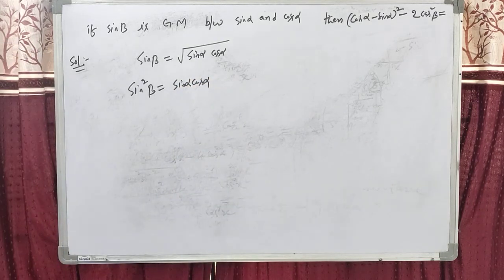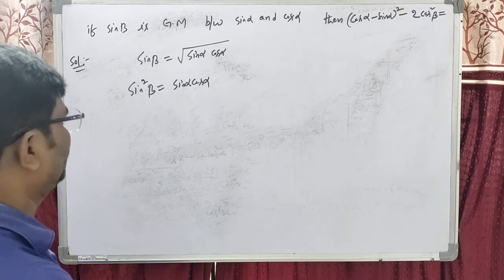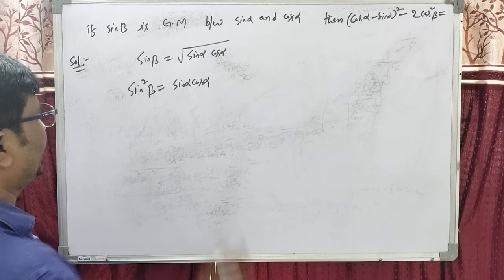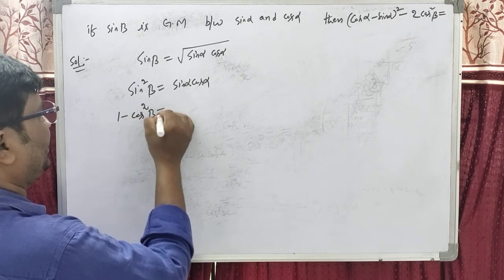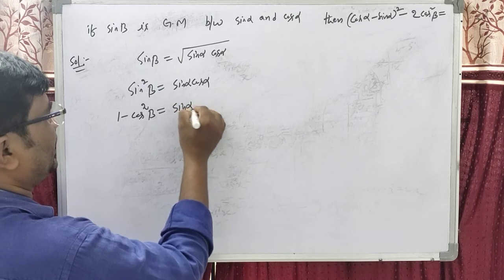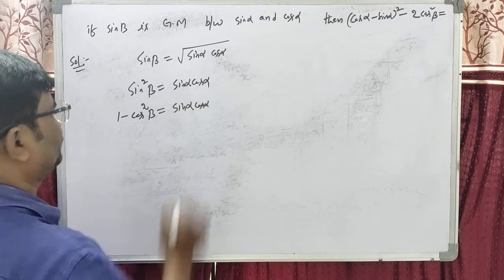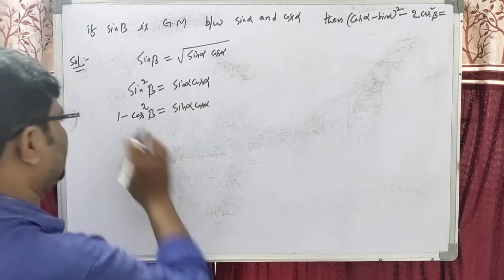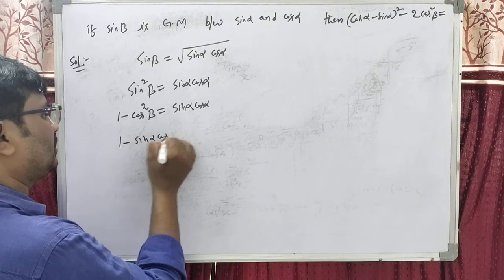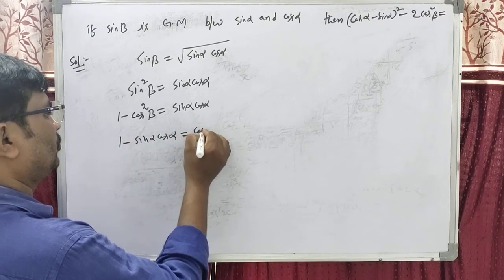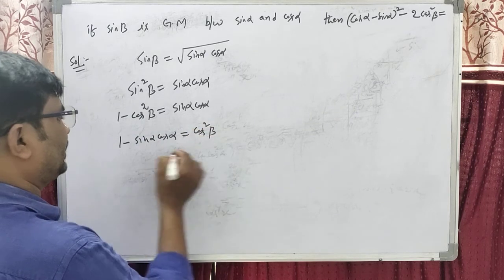How to write this one? We can write 1 minus cos square beta is sin alpha cos alpha. Now this is sending to the other side: 1 minus sin alpha cos alpha equals cos square beta.